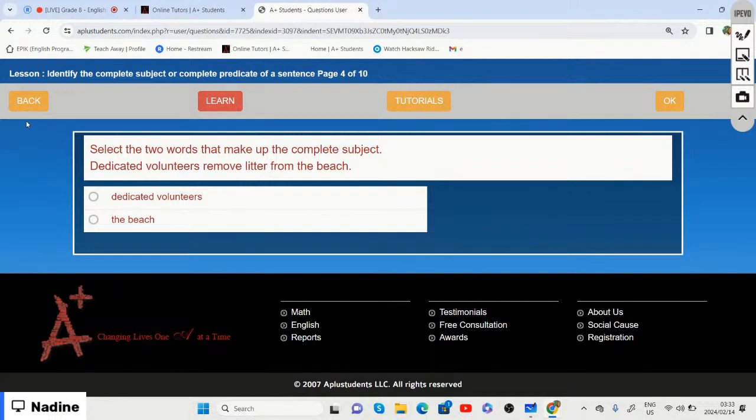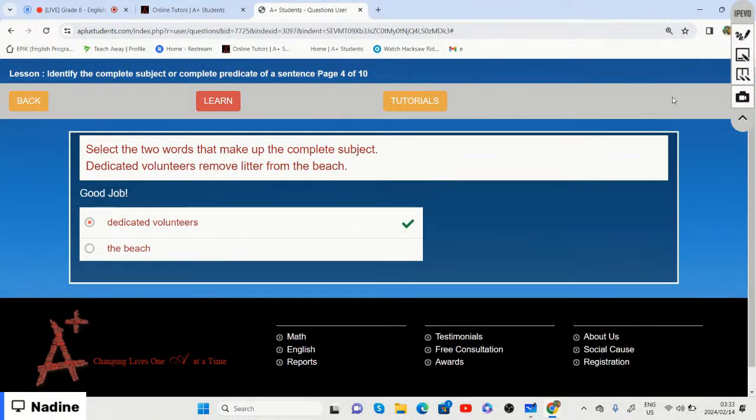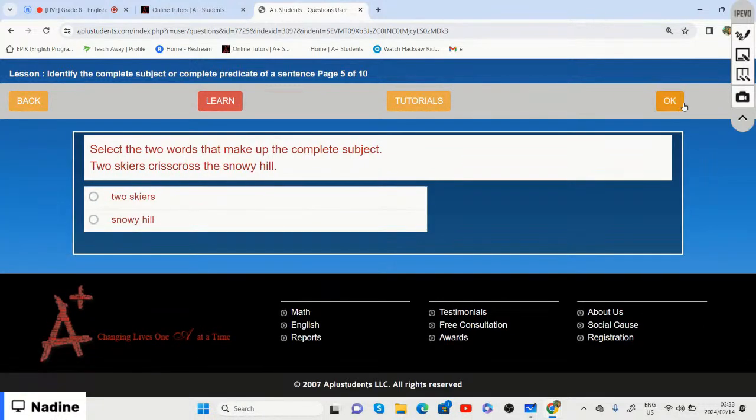So we need to select the two words that make up a complete subject. Dedicated volunteers or the beach. All right. So if we select the two words that make up the complete subject, then yes, our complete subject is dedicated volunteers. So well done. Dedicated volunteers is correct because it tells us who or what is doing the action.